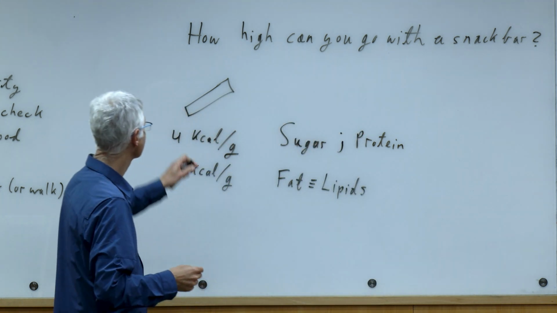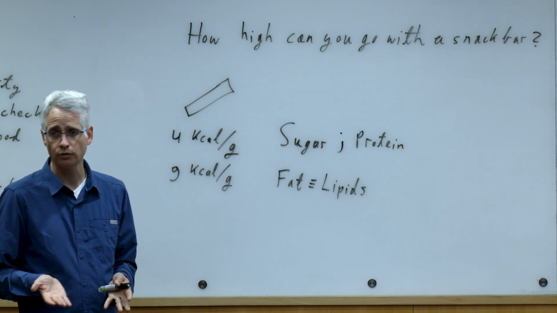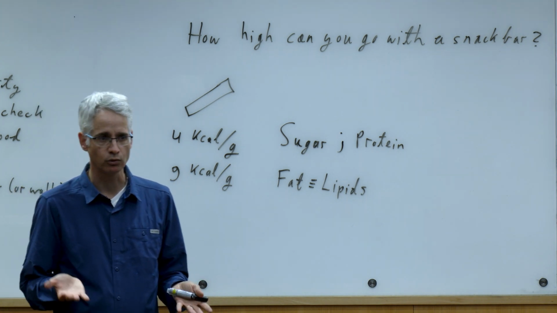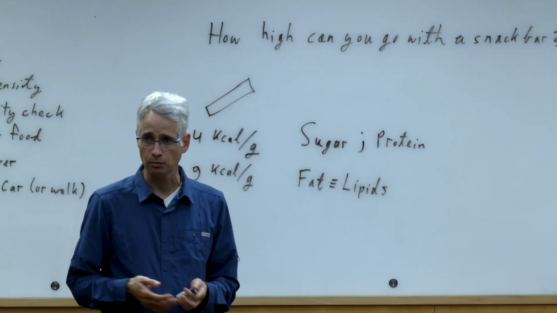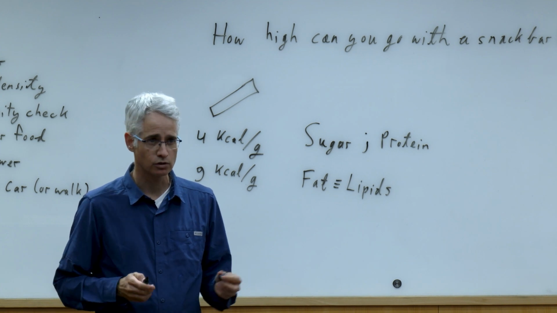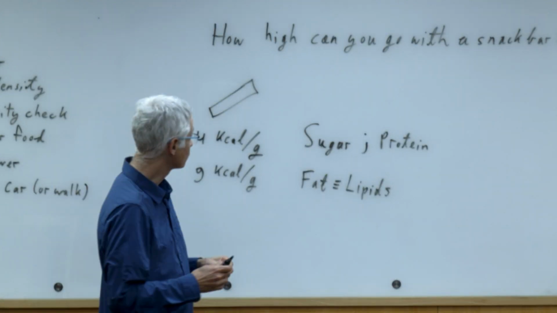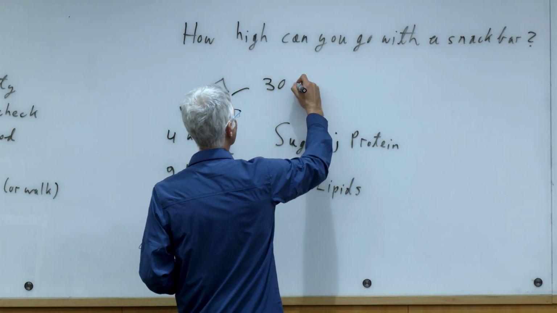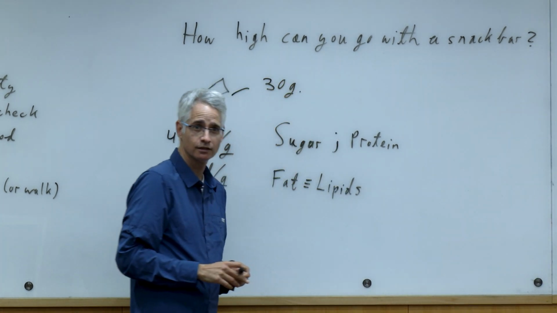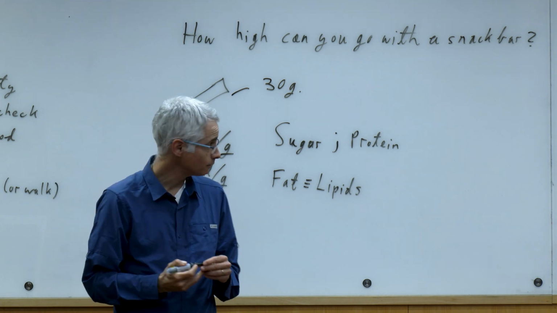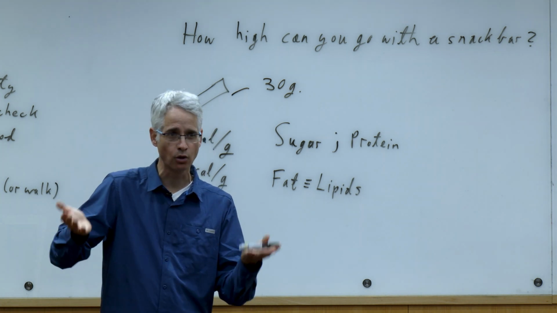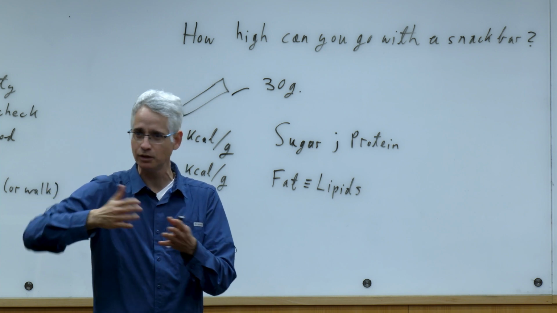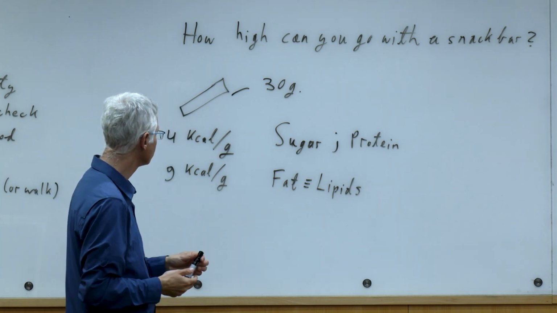Okay, so going back to our snack bar, what do we need to know next? Something about the weight of the snack bar. Anybody knows the weight? Okay, so I think we could do, I think 30 grams is what I heard here. I think I'll buy that for my snack bar. We could also do a lower estimate and an upper estimate, the geometric mean or something like that. But let's go with 30 grams.